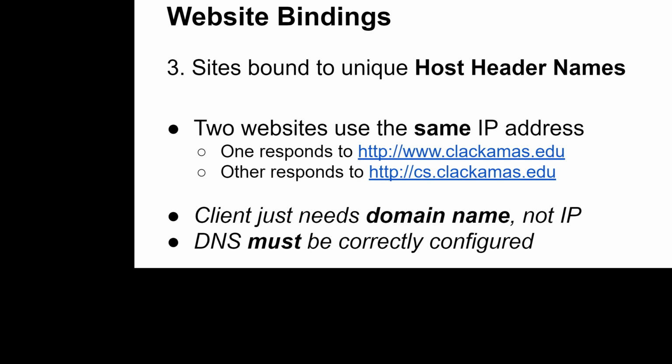We could have both those domains on the same server, and as long as the client specifies which domain it is requesting content from, the requests will go to the correct website. The requirement for this, though, is that DNS must be correctly configured to go to that same particular IP address.